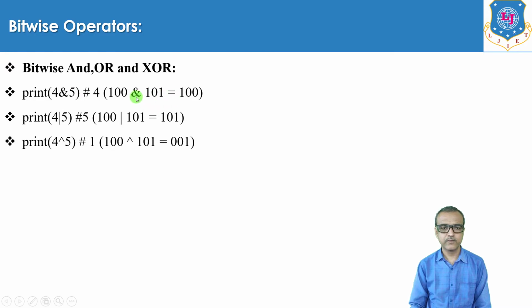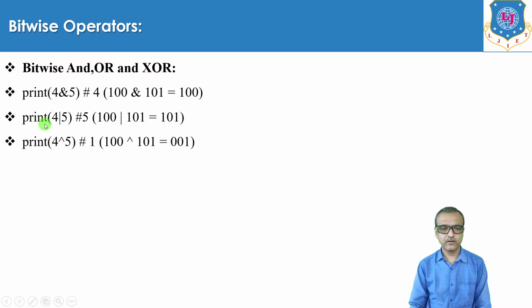Now apply the bitwise AND operator on these numbers. 0 and 1 gives 0, because if any bit is 0, the result is 0. Now for 0 and 0, definitely the result is 0. Now for 1 and 1, both are 1, so the result is 1. In the case of the bitwise AND operator, if any of the bits is 0, the result is 0. So the output is 100 and its decimal equivalent is 4. So the output of this print statement is 4.